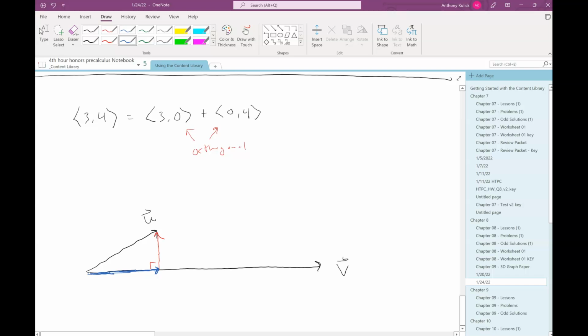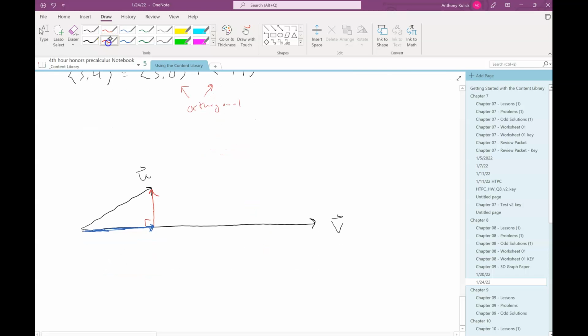Those two vectors, the red and blue, would be orthogonal vectors that would still add up to u, right? I've drawn this particularly misleading because I drew v horizontally, but there's no reason v would have to be horizontal. It could be at any angle you wanted, and you could still do something like this, right?